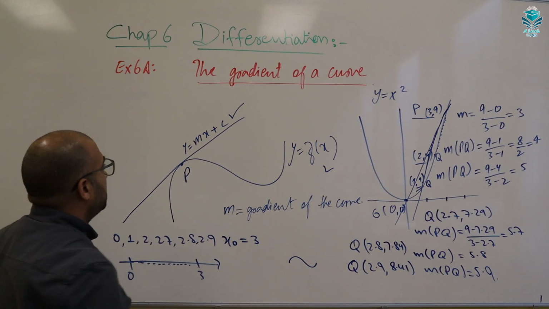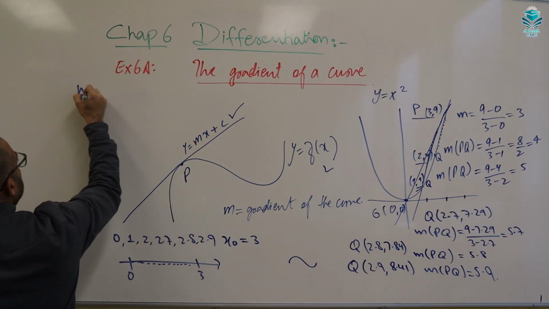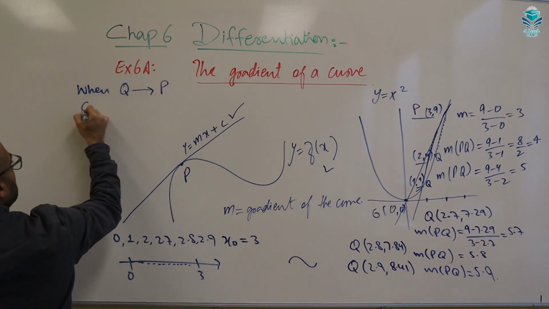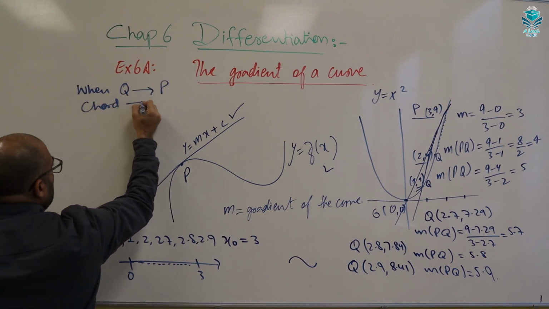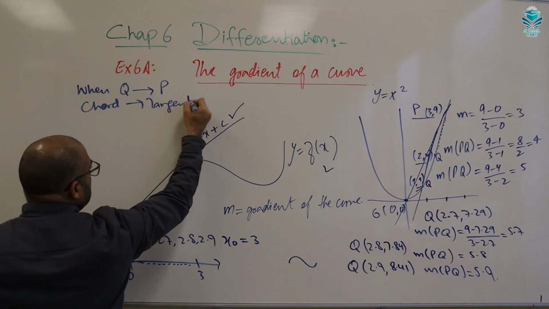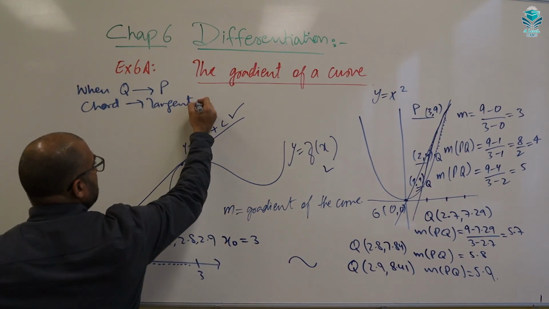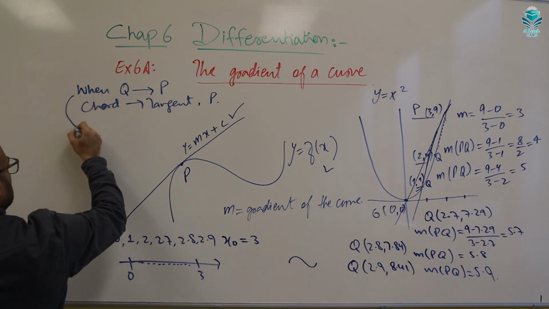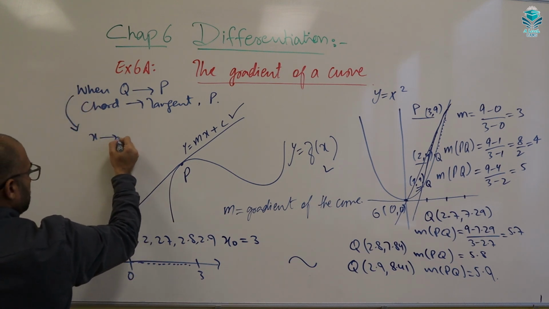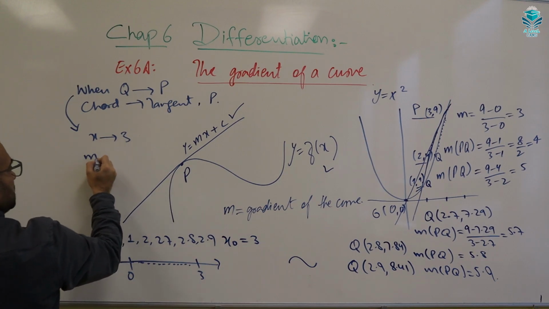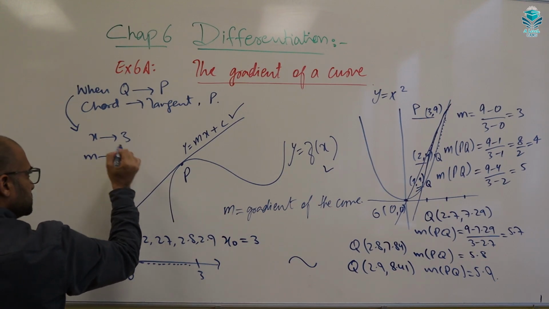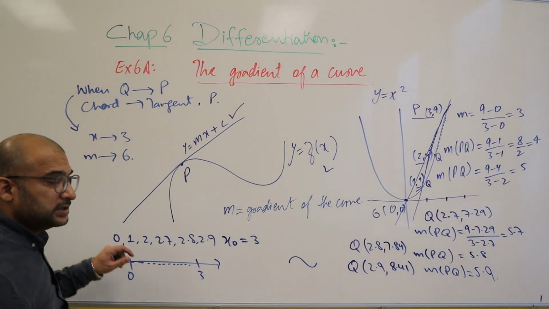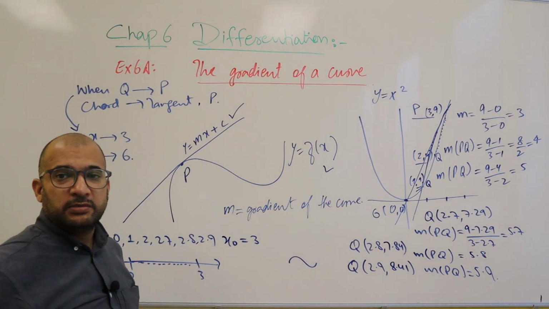So you can write from here: when point Q approaches P, the chord approaches the tangent at the point of contact P. In other words, when x approaches 3, the gradient approaches 6. Students, you can see that this gives us the limiting concept of the variable x.